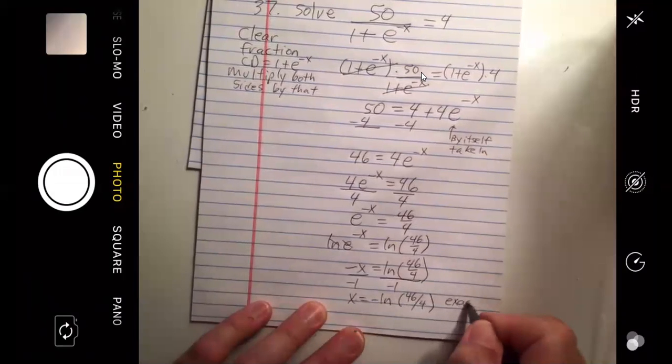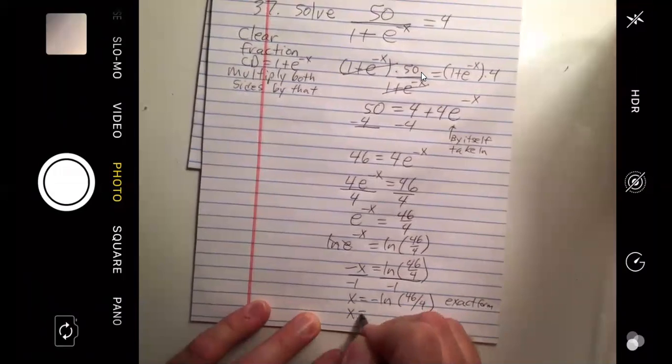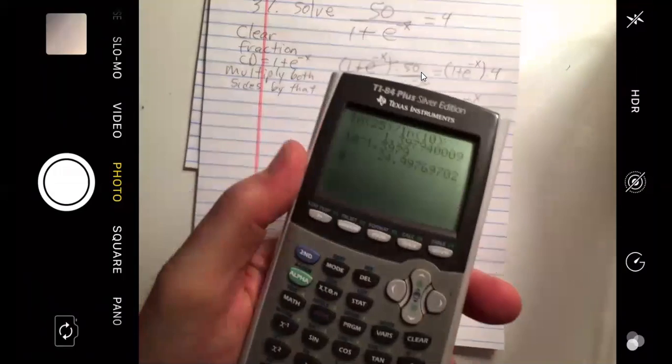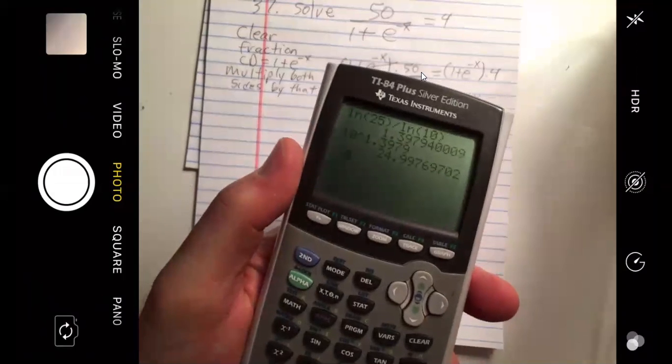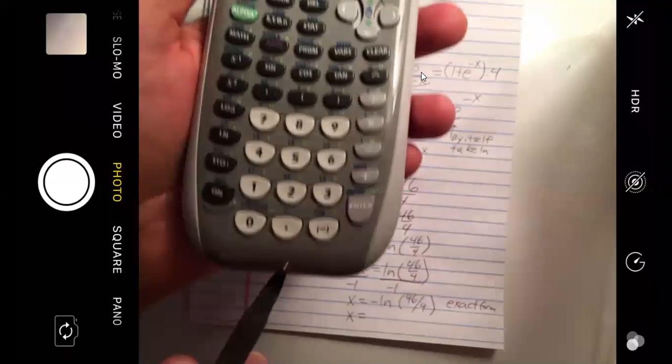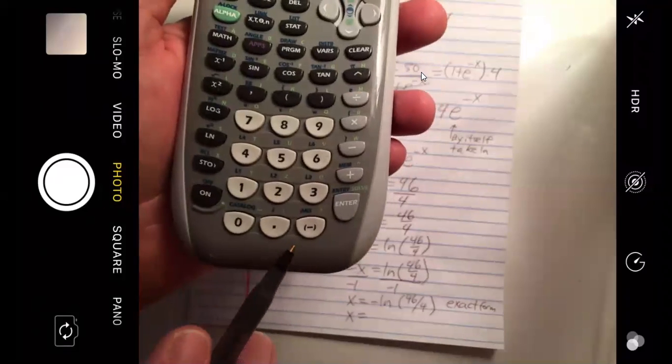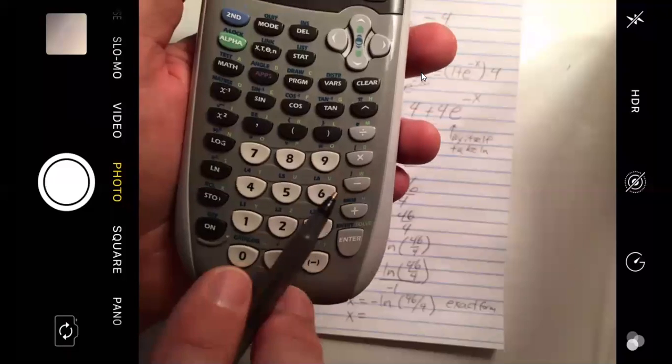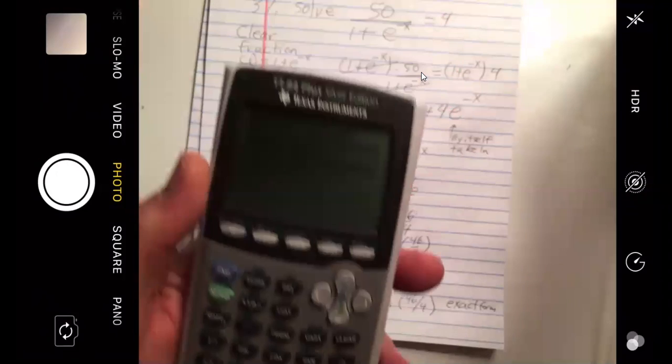Sometimes they leave it in exact form. Sometimes they give you the decimal in the back of the book for an answer. I'll go ahead and punch it. Negative is the short negative at the bottom of the screen. I'm sure y'all are familiar. Negative numbers are punched with that negative. It's not the same as subtract. When I want subtract, I use the subtract key.